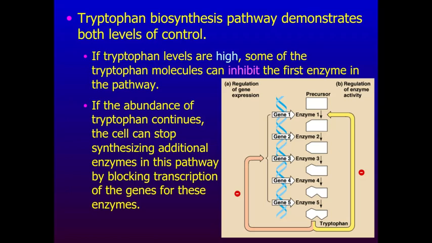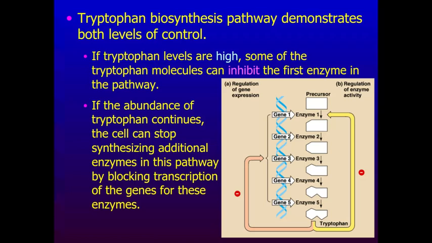Remember, with negative feedback, the product of any system turns off the system. With positive feedback, the product of the pathway is going to increase the production of more of that. So it keeps on getting more and more and more. Negative feedback, when you reach a high level, it turns it off. Okay, think like a heat thermostat. That's a negative feedback system.